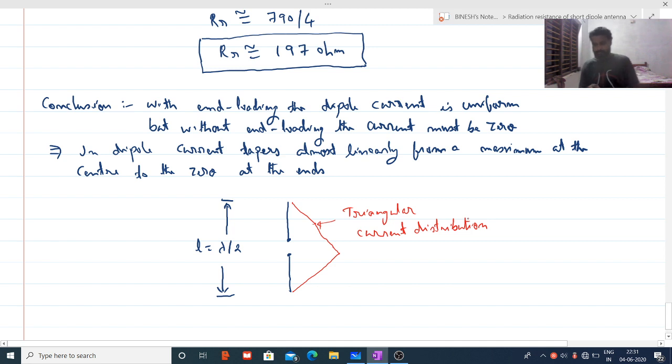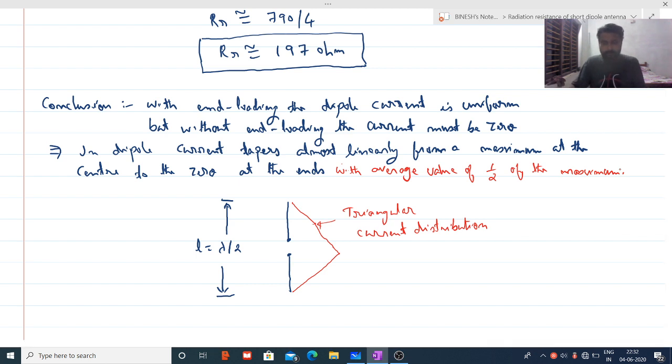So in a dipole the current tapers almost linearly from a maximum at the center to 0 at the ends, with an average value of 1 by 2 of the maximum. So this is the case.